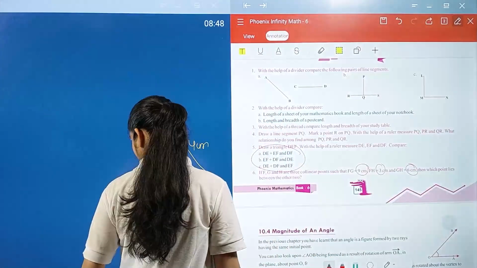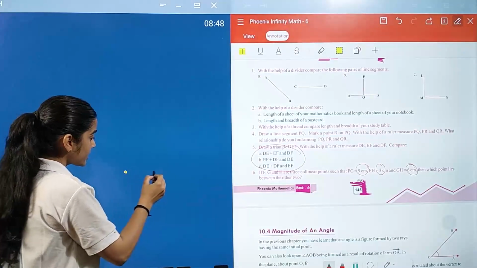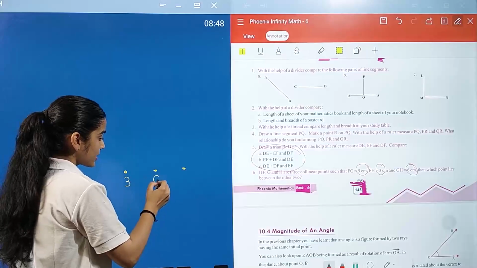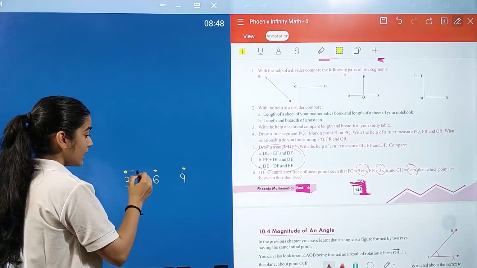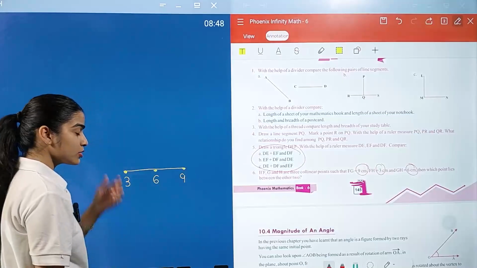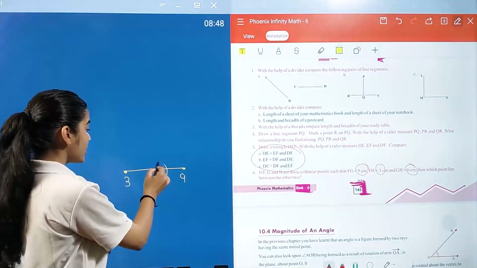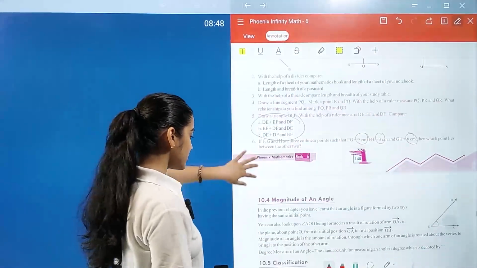You all know that collinear points means points in a straight line. So it should be 3 centimeter, 6 centimeter and 9 centimeter, because when you make a line like this, your FG is equal to 9 centimeter. So point H would lie between these two points.